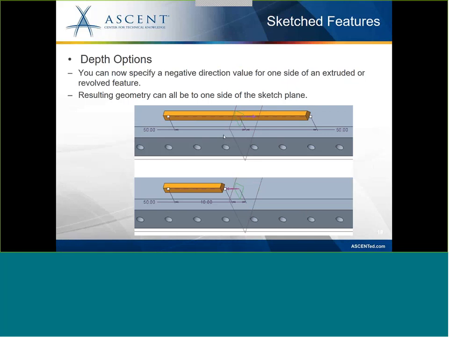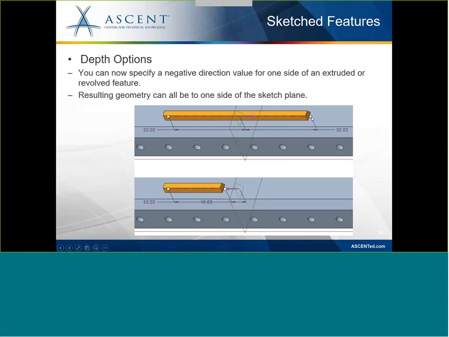Another really nice tool that keeps you from having to create intermediate construction geometry is the ability to, when using the both sides functionality, enter a negative offset. So in this case, you would create this feature, both sides of the sketching plane, and it's offset 50 in both directions.